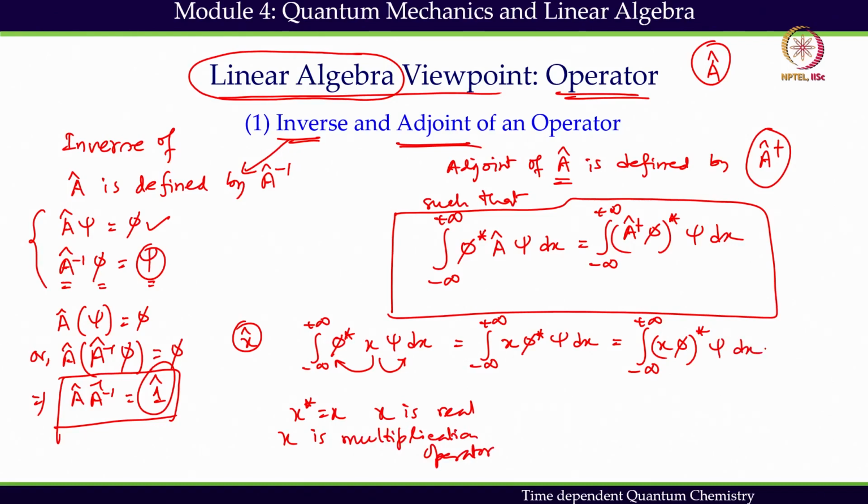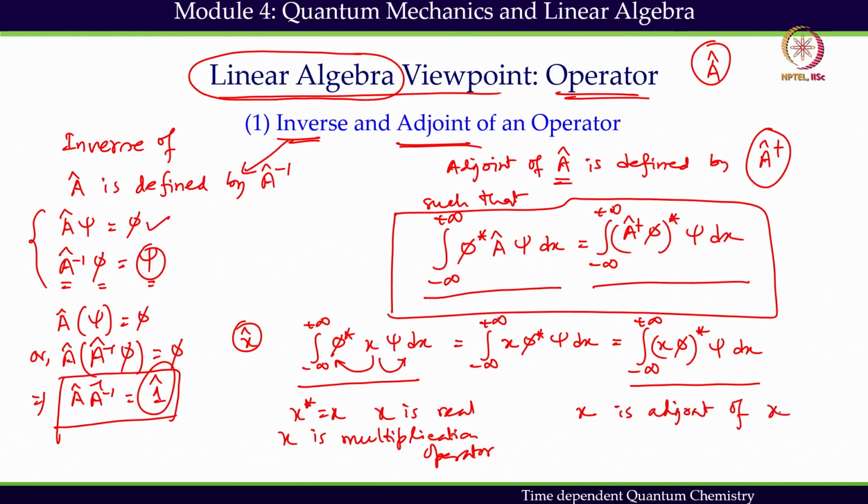Then psi dx. You see, this form is equal to this form. Because it is fulfilled, I can say that X is the adjoint of X. It is the same actually. So the X operator is equal to its adjoint. They are the same. It doesn't change.